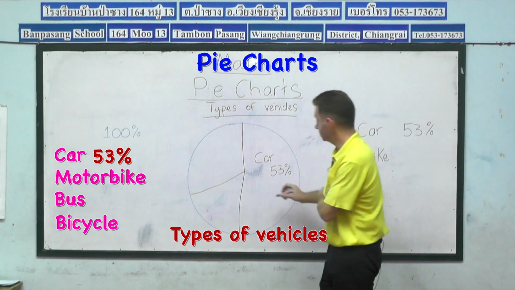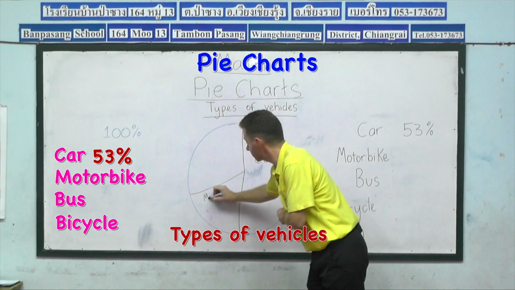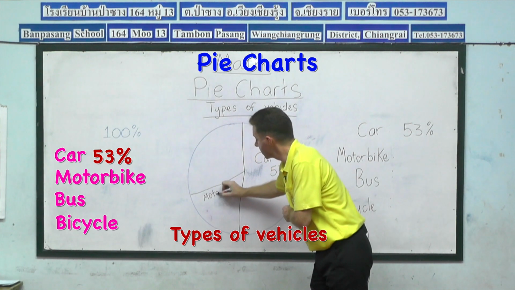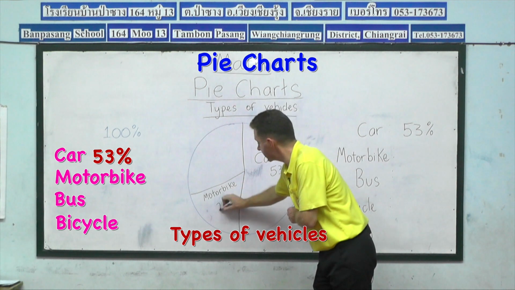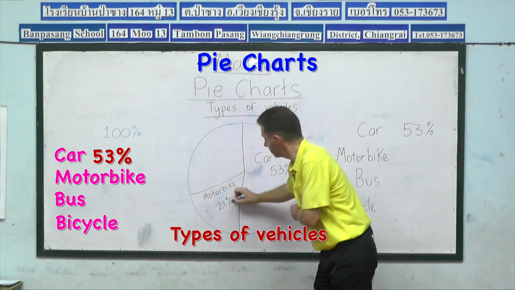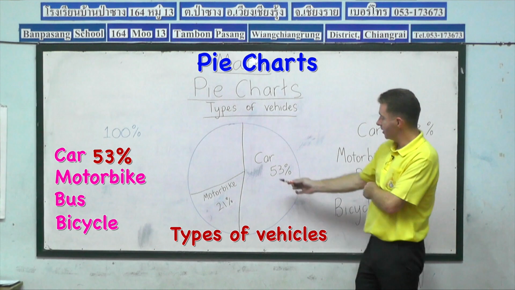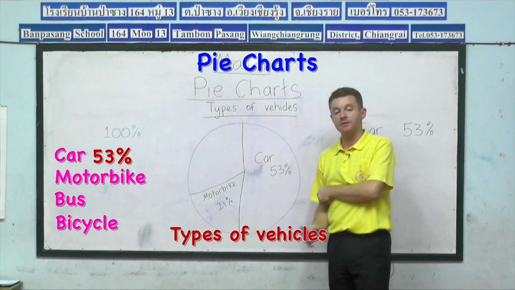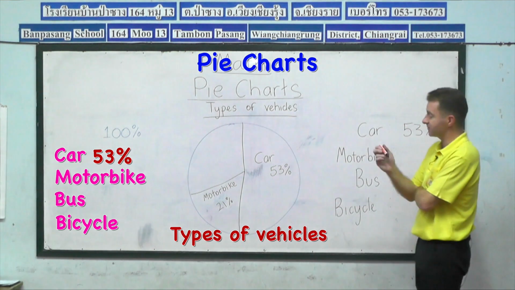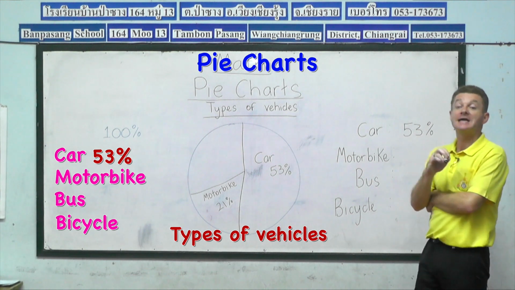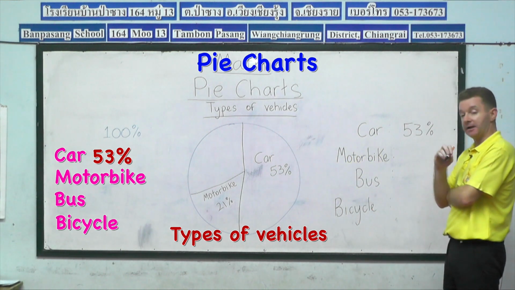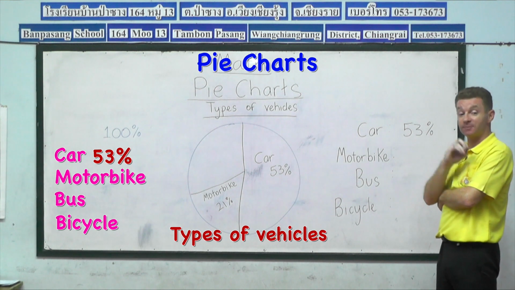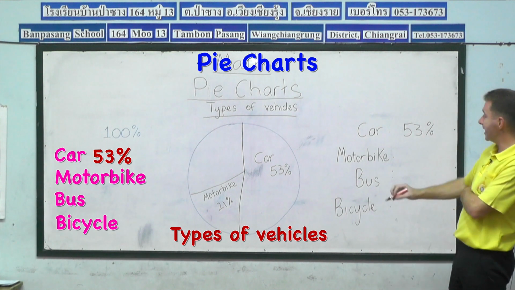So what we can do is we can write motorbike, 21%. So far, 53 and 21 together is how many percent? We're up to 74%. So that means that we've still got 26% that we need to take care of.